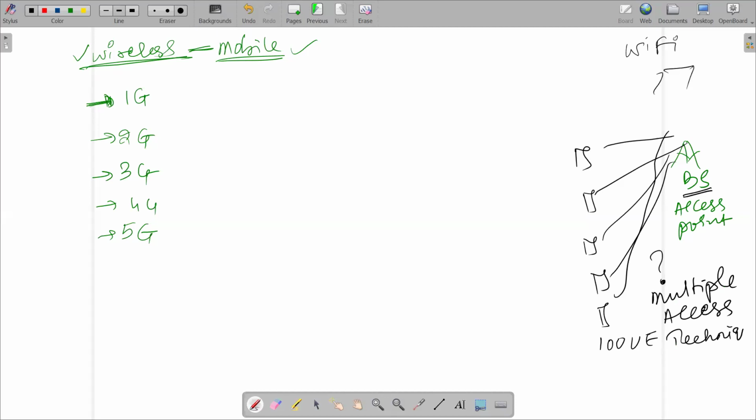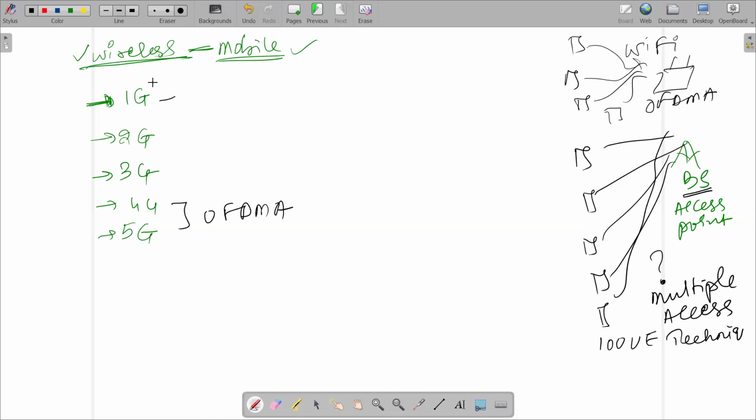My Wi-Fi is connected to 4 or 5 mobiles or Wi-Fi devices, need not be mobile, any Wi-Fi device. So here also there is some multiple access. In Wi-Fi 6 or Wi-Fi 7, OFDMA is working, whereas in 4G, 5G, OFDMA is the multiple access.